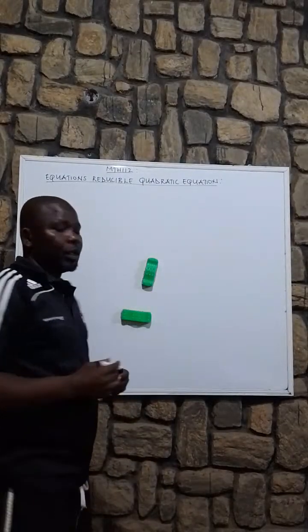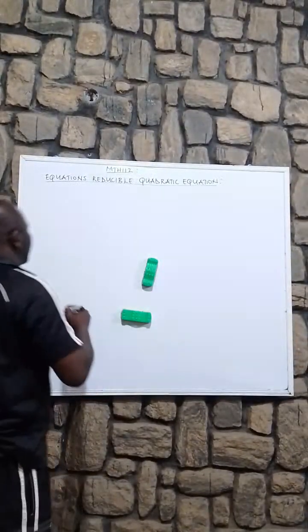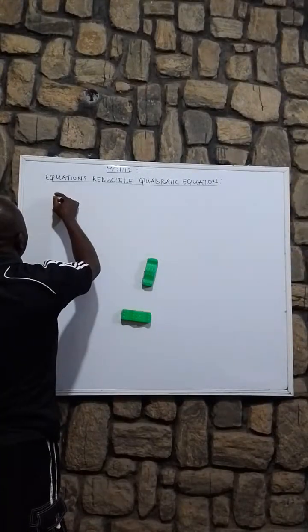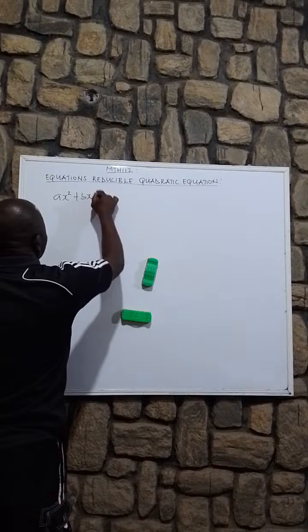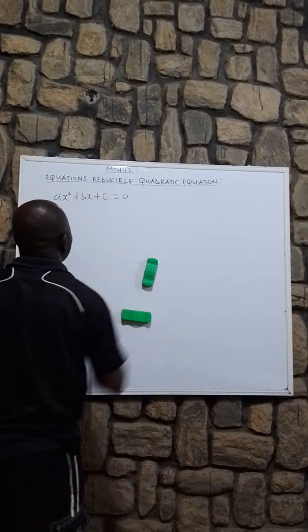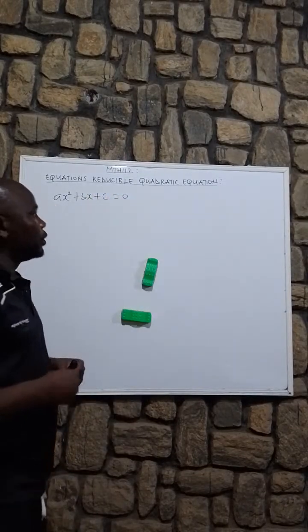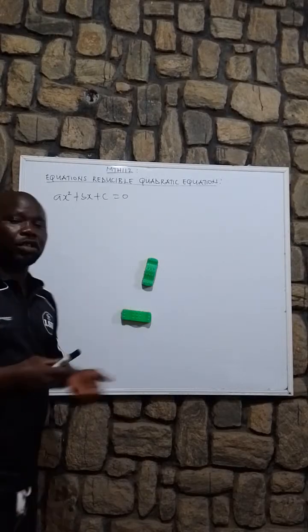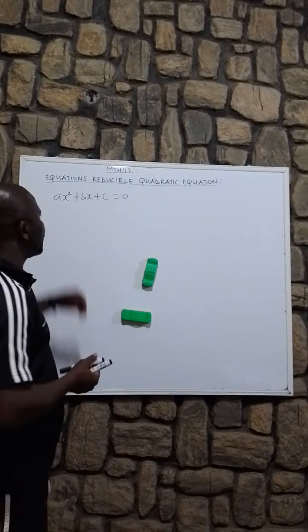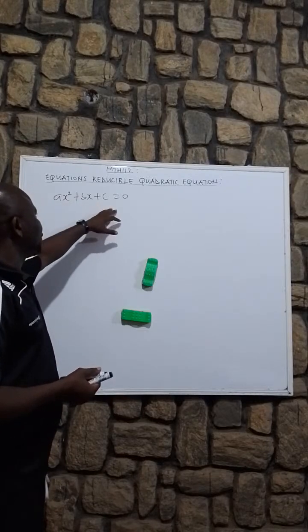So we know very well that quadratic equation is of the form ax squared plus bx plus c equals to 0. True or false? There are some equations that you have to reduce into quadratic equation.